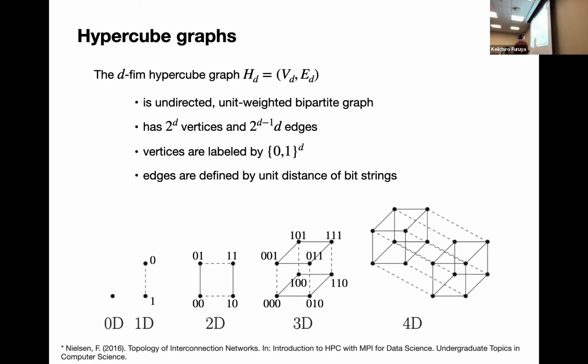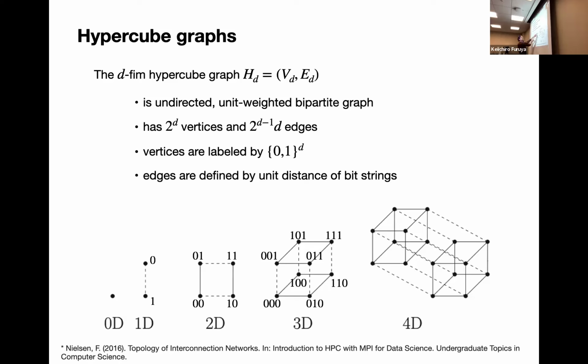In general you don't have these dashed lines, but they tell you how to construct a higher-dimensional hypercube. A one-dimensional line is constructed by shifting one vertex and connecting them. Then for two dimensions, you shift this line horizontally and make a square.